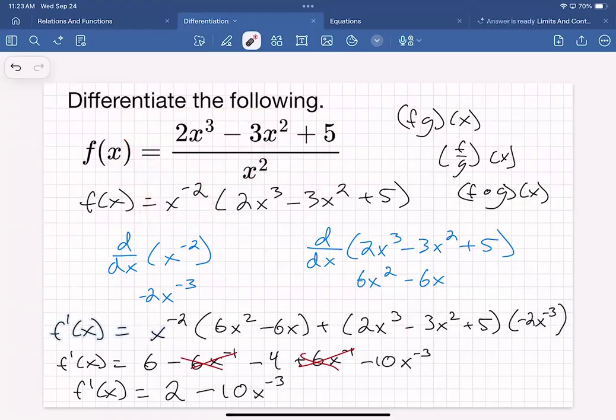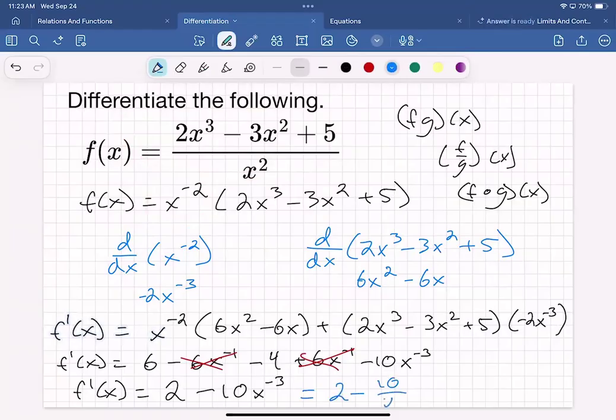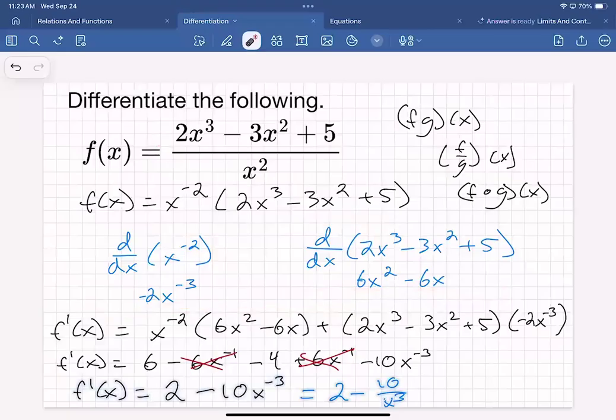So just remember negative exponents. If I wanted to, I could rewrite the final answer here that we found for the derivative as 2 - 10 over x cubed. Okay. So I was showing that if you use the negative exponent, then we could just use the product rule to differentiate. Usually, it doesn't really matter what approach you take.